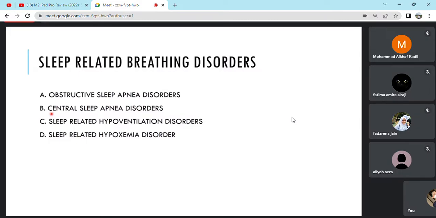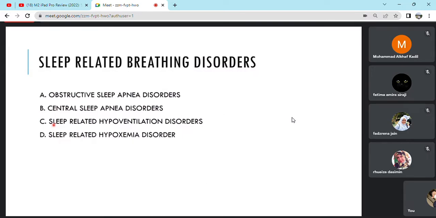So one common disorder classified under central sleep apnea disorder is CSA with Cheyne-Stokes breathing pattern. You can also have CSA related to medications or substances induced by your patient. And as you can see, this type of breathing disorder will, again, as I've said, affect the control of breathing, which is located in your brain.